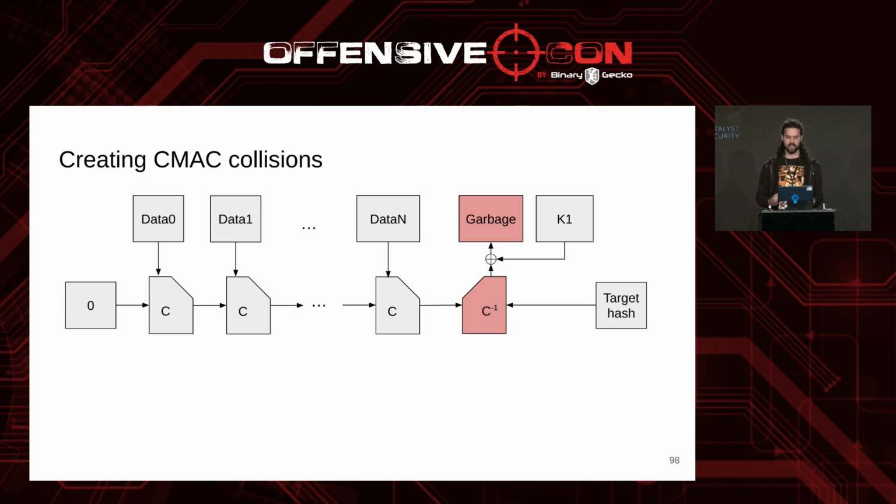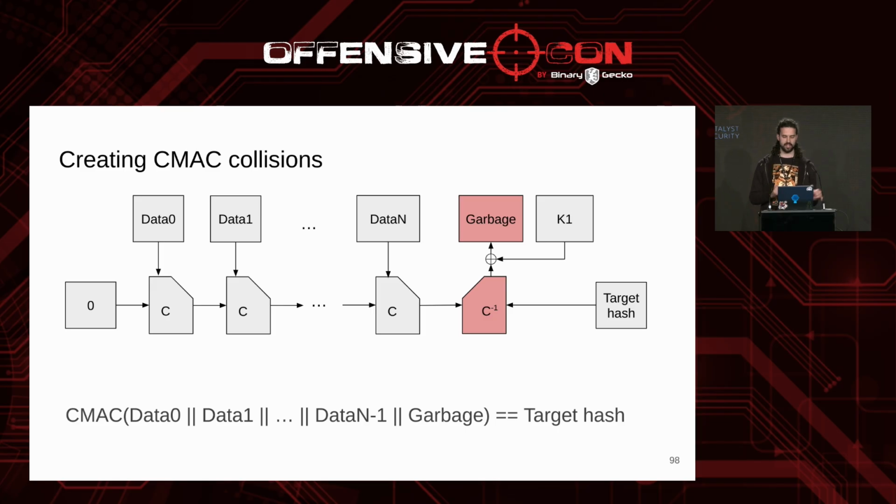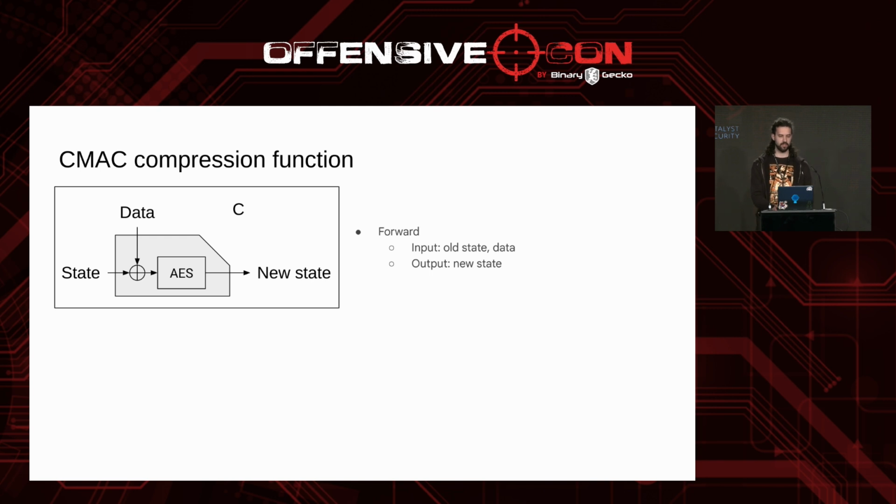You run it backwards, and this will produce a garbage block. If you hash your data followed by this garbage block, the hash of that is equal to the target hash. This works for any target hash and any data, as long as you can accept one 16-byte block of garbage in your final data. And this C^-1 function is pretty easy to construct.